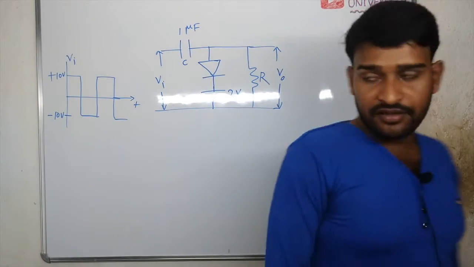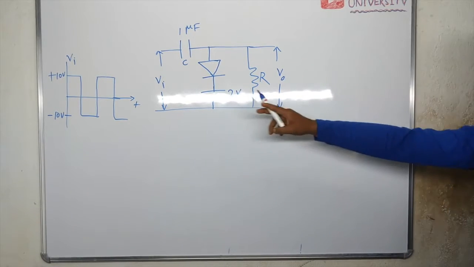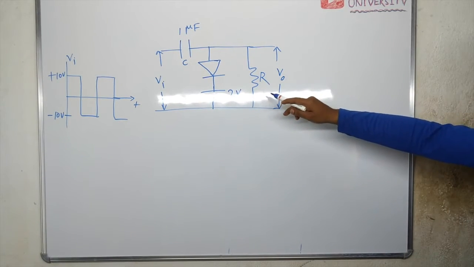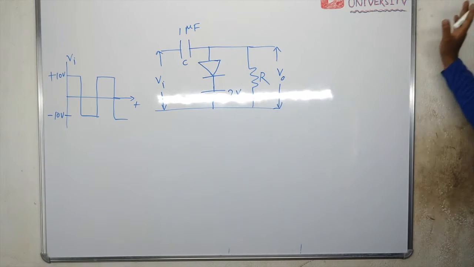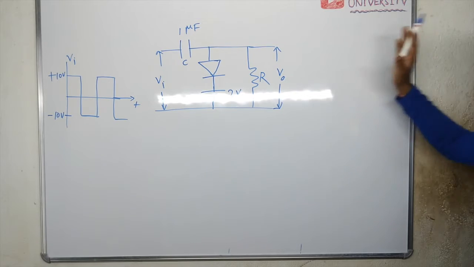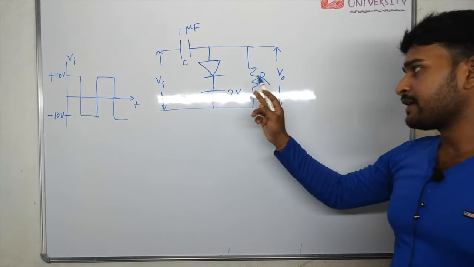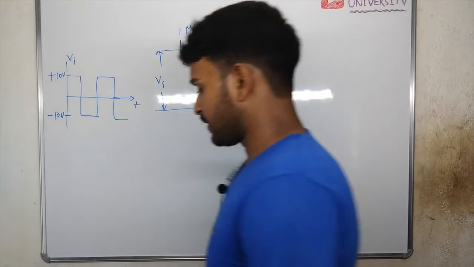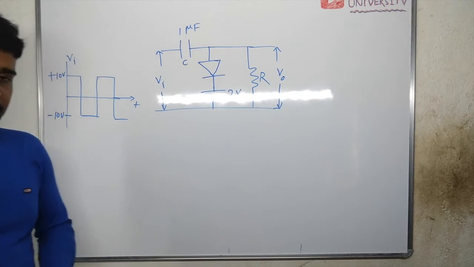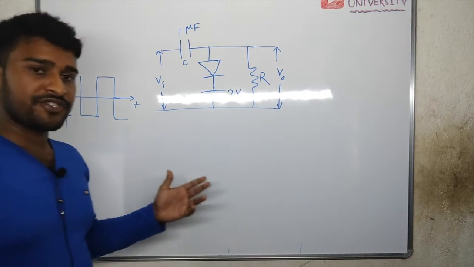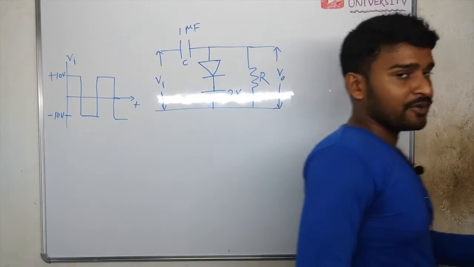By looking at this circuit, it is a clamper circuit, and particularly it is a practical clamper because the resistance is connected in parallel. It is basically a negative clamper, and we said that a negative clamper clamps the positive peak of the output to the reference voltage.